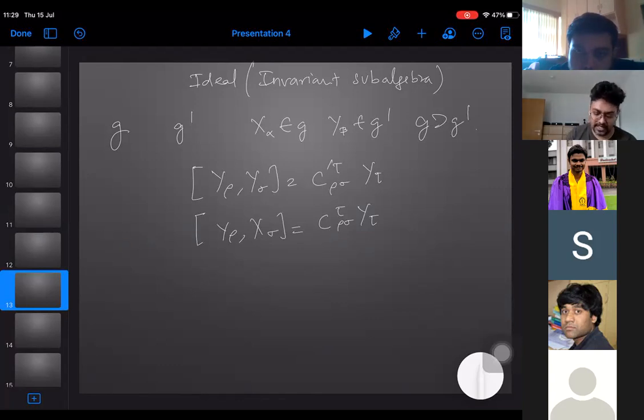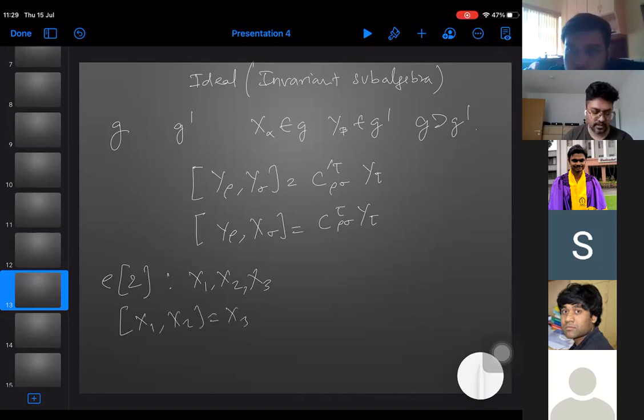For example, take E2, which has x1, x2, and x3. It satisfies [x1, x2] goes to x3, [x1, x3] goes to minus x2, and [x2, x3] is 0.